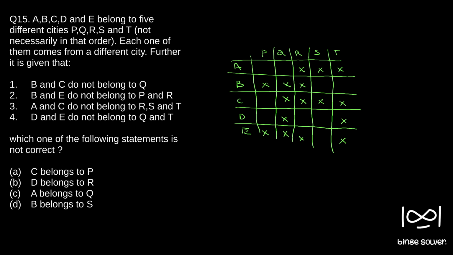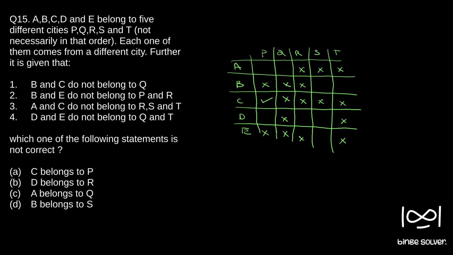We have one more important piece of information: each one of them comes from a different city. So if there is only one empty element in a column or a row, we can safely say that particular person belongs to that particular city. As you can see clearly, C has only option P left.